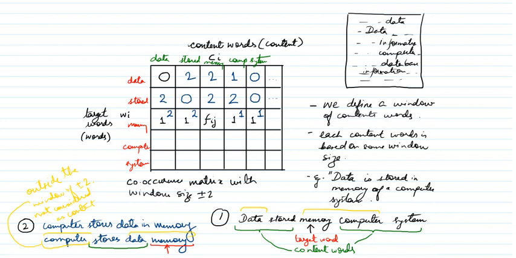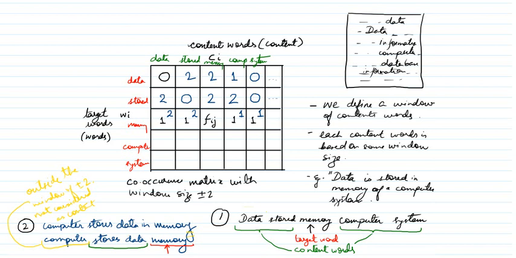Similarly we can see computer as a context. So in this way we can do it for all the words present in the corpus by defining some window size, right?